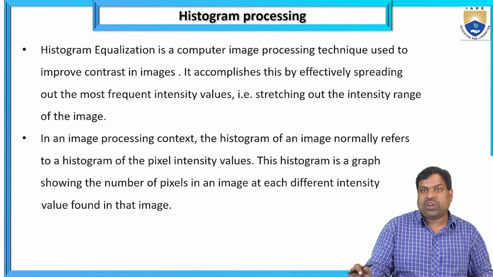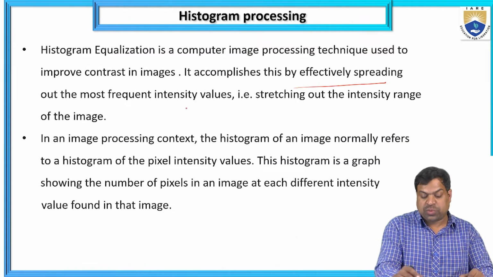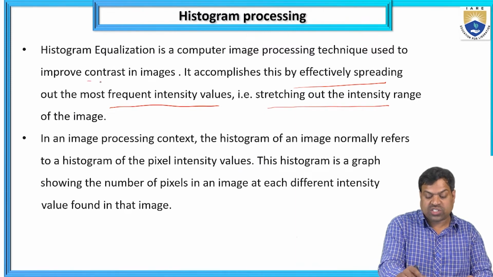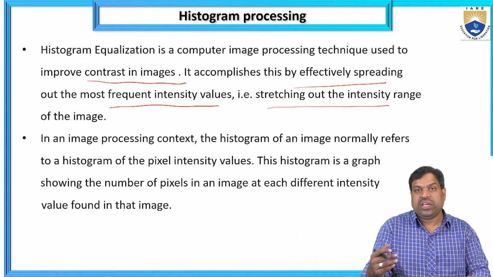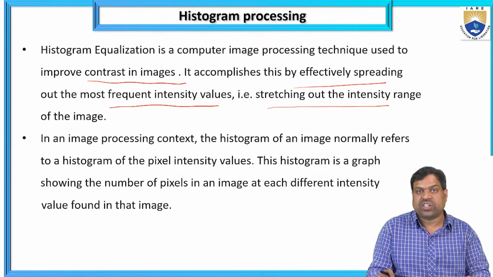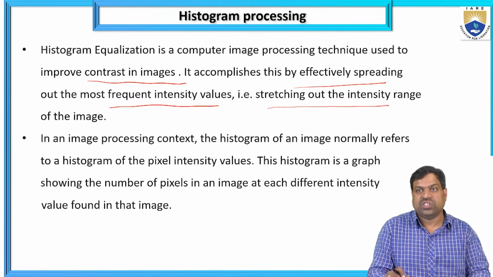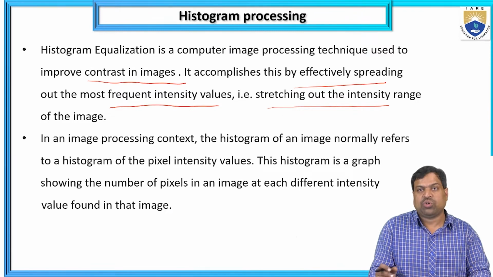When we go for this, effectively spreading out the frequent intensity values, it is used to contrast an image. So I have to increase the contrast or decrease the contrast. Histogram equalization is a technique, an equalizer, for adjusting or improving the contrast of an image. It is a process to improve the contrast of frequent intensity values.